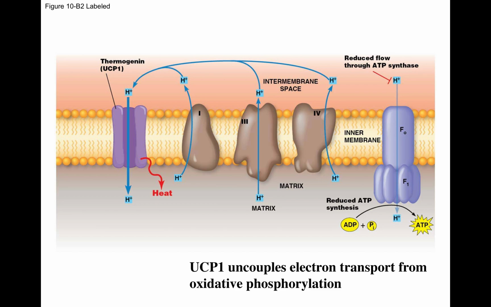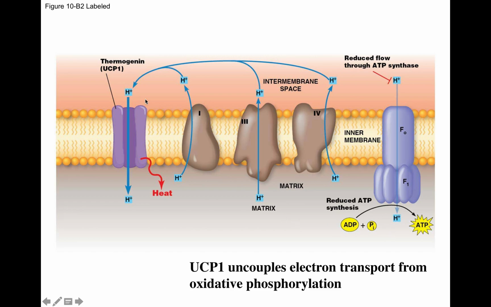But this is the only one that I've seen where there is really good evidence that it actually uncouples. And the idea is that it's uncoupling electron transport, moving down the electron transport chain, from oxidative phosphorylation. So you still have electron transport, but you don't have the proton gradient that is needed to make ATP through the FO-F1 complex.